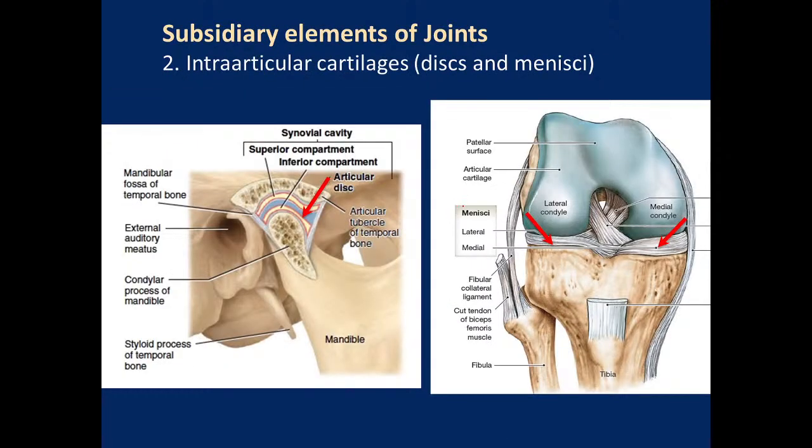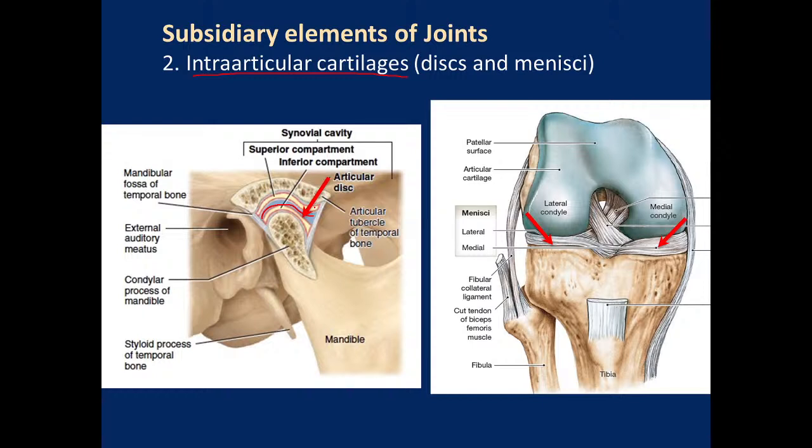The second subsidiary element of joints is called interarticular cartilages. Here, this joint between the mandibular and temporal bone, and we see the big and curved articular disc inside of the joint.